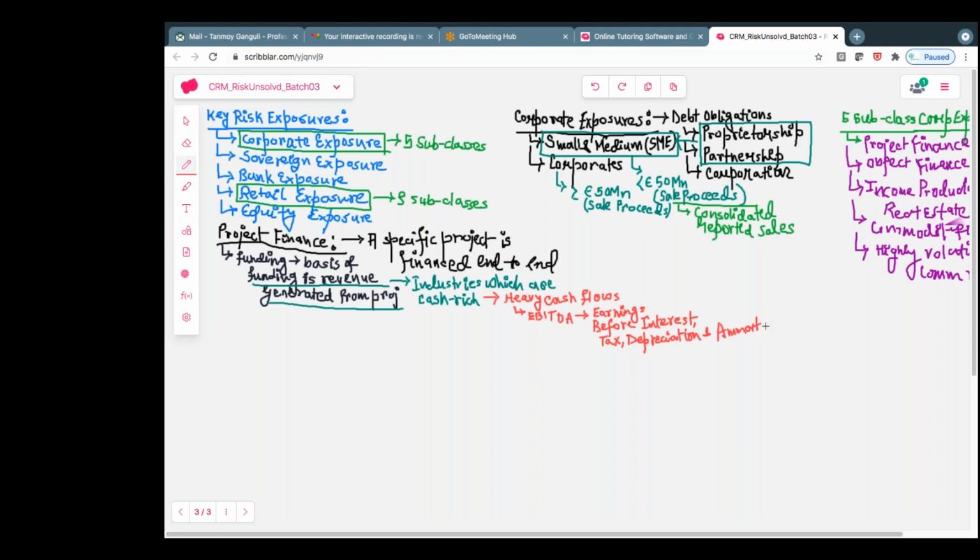So this is a measure of the revenue. The EBITDA also works as a measure of profitability for the bank. So this is a measure of profitability for the bank. Right. So over here, what we'll talk about is the measure of profitability.